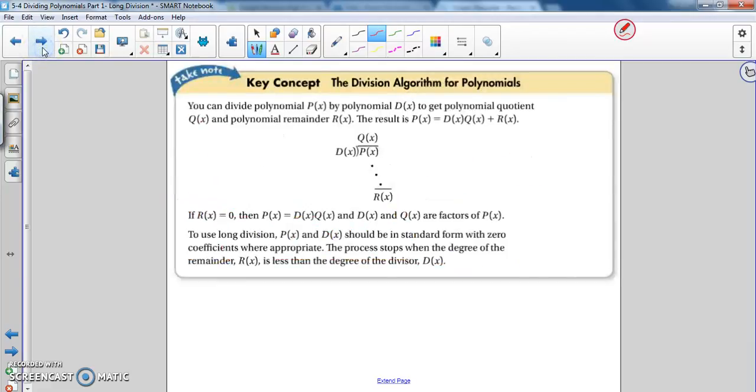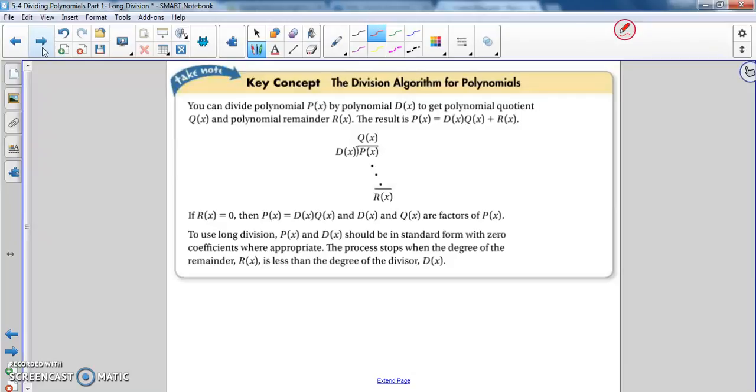So a key concept, the division algorithm for polynomials. You can divide a polynomial p of x by a polynomial d of x to get polynomial quotient q of x and the polynomial remainder r of x. So p, d, q, and r are going to stand for our polynomial, our divisor, our quotient, and our remainder.